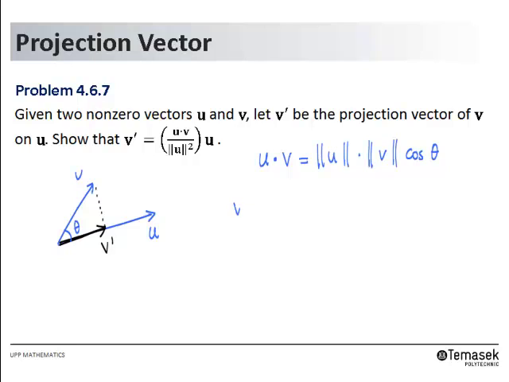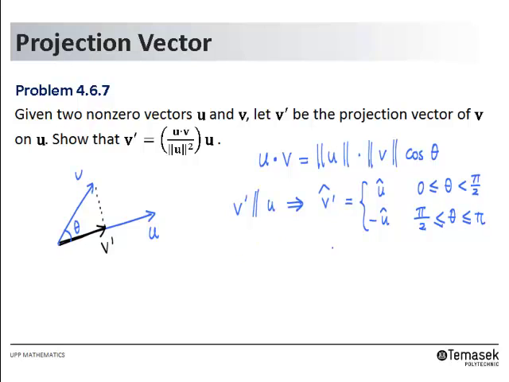Furthermore, since v prime is parallel to u, this implies that v prime hat, the unit vector of v prime, is either u hat for theta between 0 and pi over 2, or negative u hat, that is, in the opposite direction of u, when theta is between pi over 2 and pi.